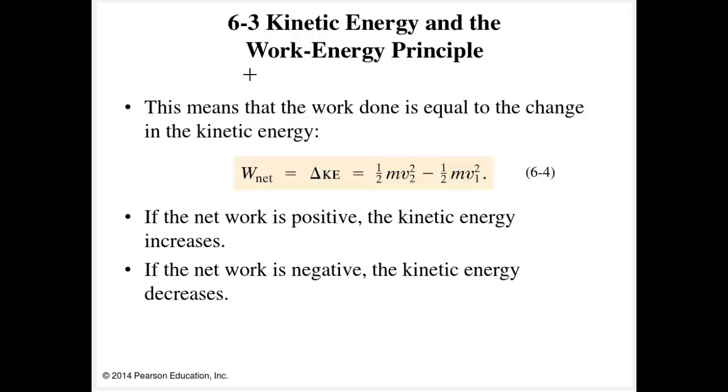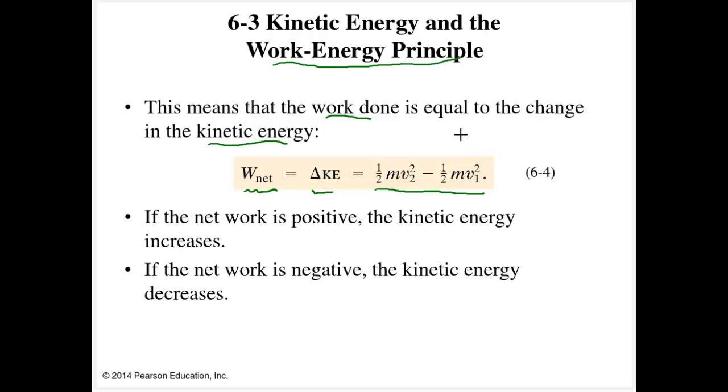So this slide is going to say it one last time because it is such an important principle, this work-energy principle here. The work done is equal to the change in kinetic energy. Written right here, and for kinetic energy, I've written 1/2 mv squared.